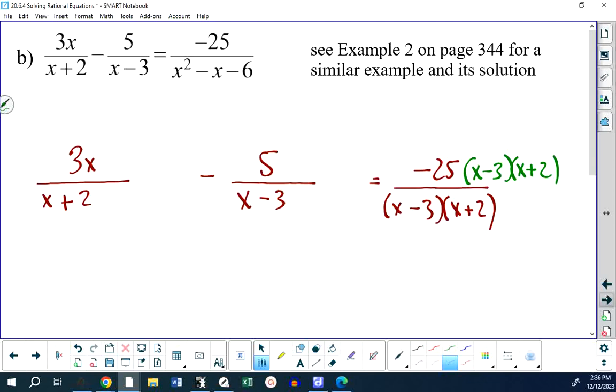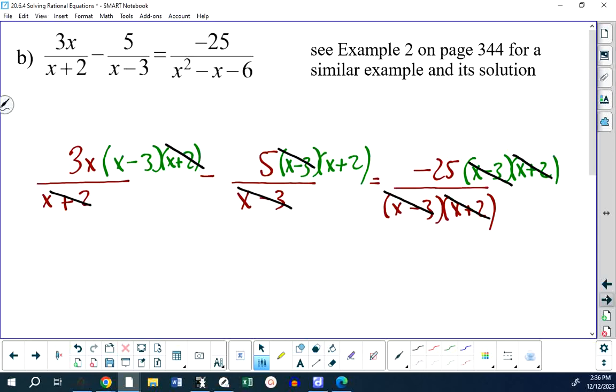I mean, that's kind of the point. So again, when you're solving a rational equation, you're multiplying everything, left and right, by the common denominator so that you can do this, resulting in an equation that doesn't have fractions, which is simpler to solve.